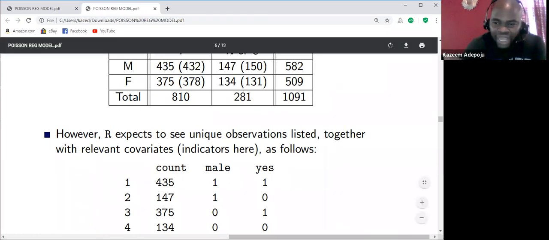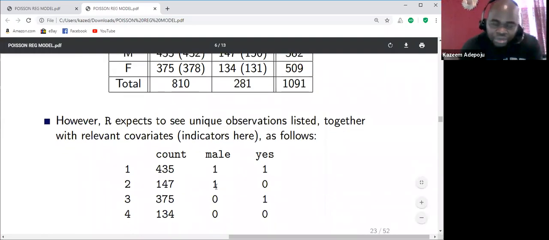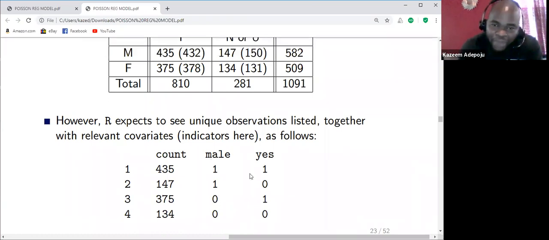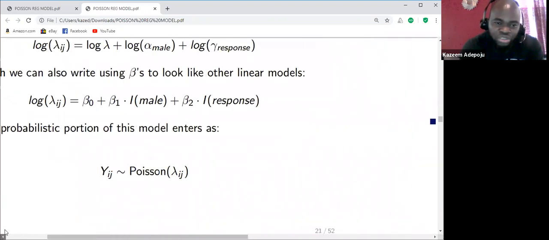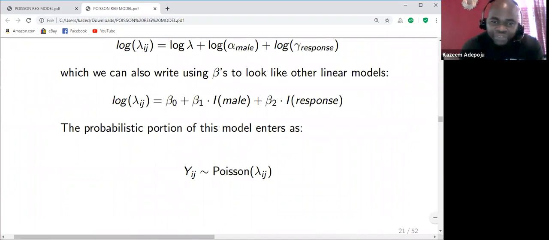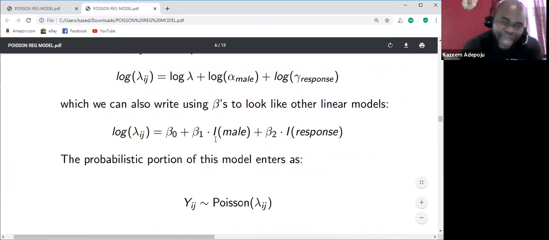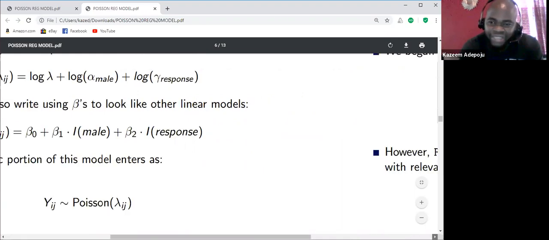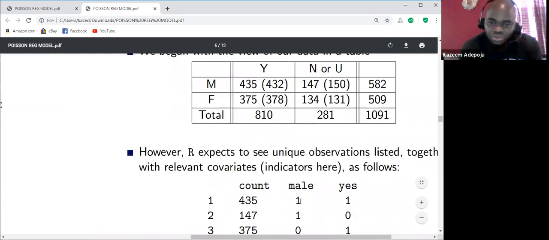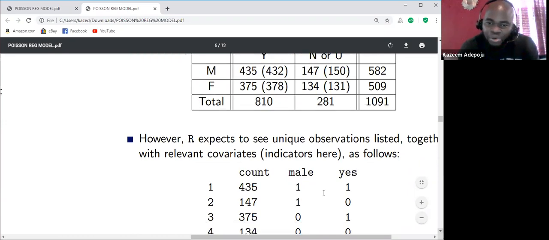Now, I'm going to prepare my data set to look like a linear structure. Why do I prepare it like this? Because I've been able to transform the model, so we have something that looks linear now, and we can apply the linear model the way it is. For male, I'm using 1, and for female, it is coded 0.